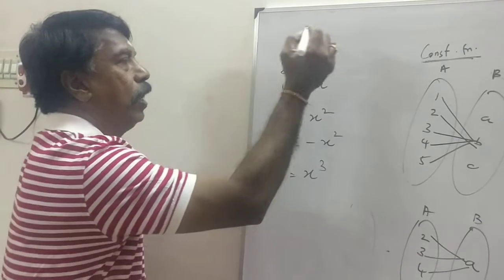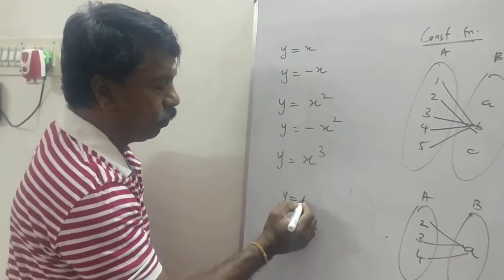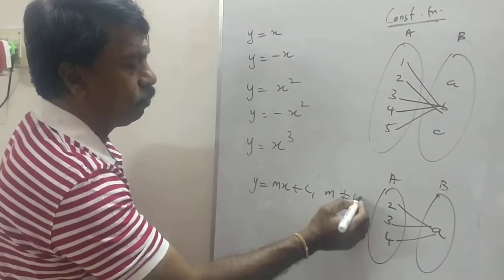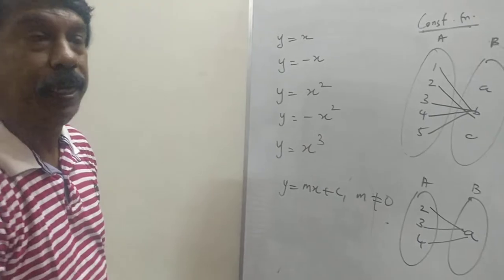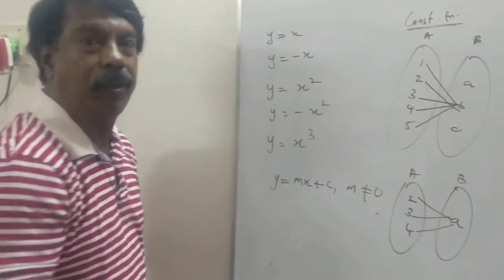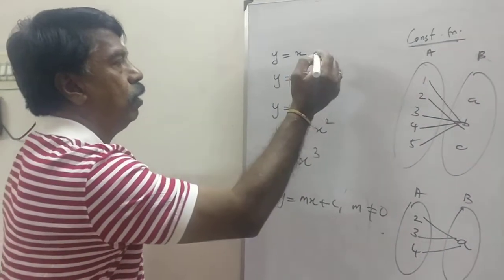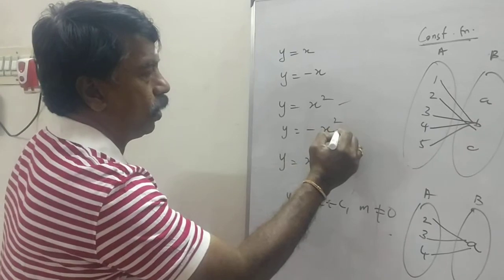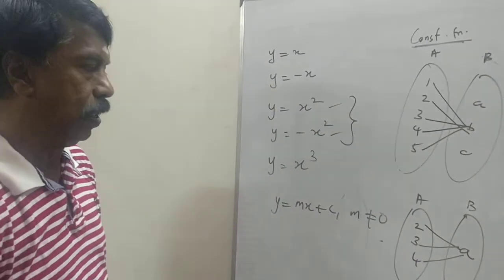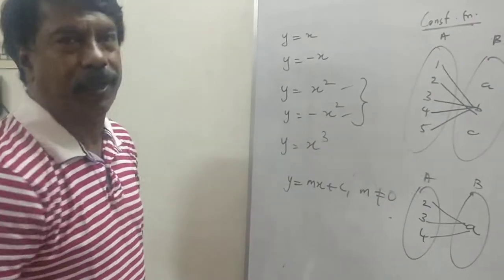Before that let me introduce the line y equal to mx plus c, where m not equal to 0, is called a linear function. Now y equal to x squared and y equal to minus x squared are called quadratic functions, and y equal to x cube is a cubical function.